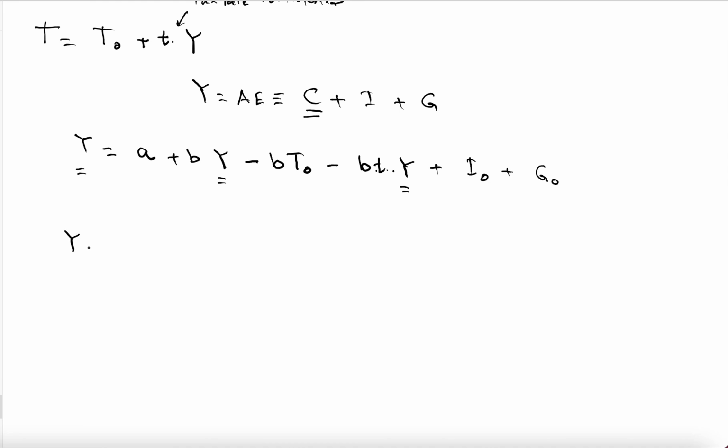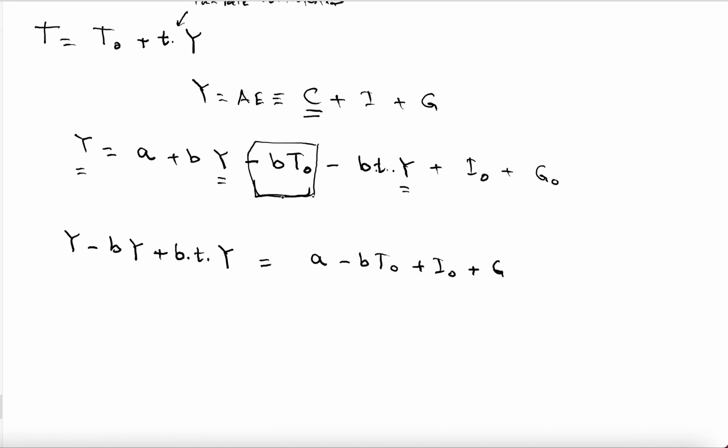So it becomes Y minus BY plus B multiplied by the tax rate multiplied by Y, and all of this is going to be equal to A minus BT0 plus I0 plus G0. Only this component is negative, but A, I0 and G0 are positive.